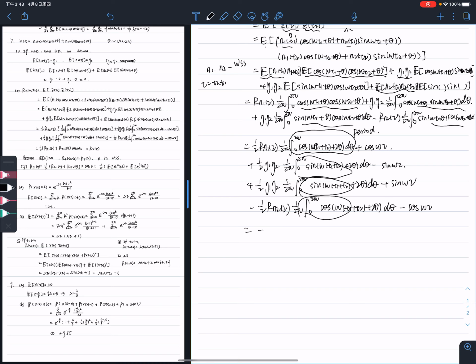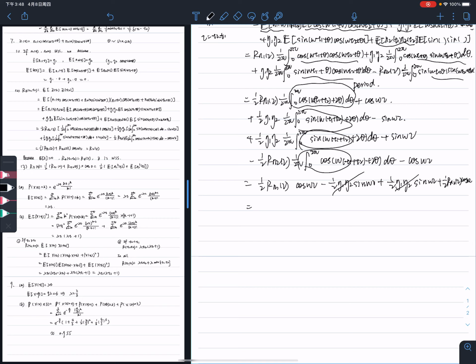Therefore it can be simplified as 1 over 2 R_N1(τ) times cosine(ωτ), plus 1 over 2 η1 η2 times minus sine(ωτ), plus 1 over 2 η1 η2 sine(ωτ), plus 1 over 2 R_N2(τ) cosine(ωτ). The η terms vanish. Therefore, it should be 1 over 2 (R_N1(τ) plus R_N2(τ)) times cosine(ωτ).